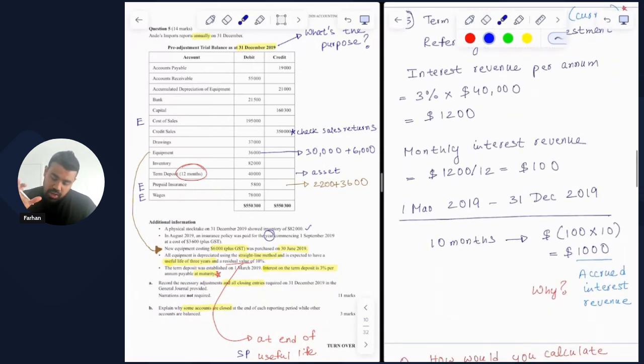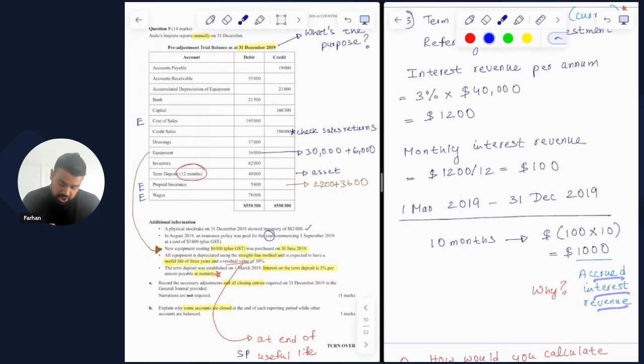So the 10 months that we have this term deposit in use in the current financial year ending 31 December 2019 would be from 1st of March all the way until 31st of December. So the total interest revenue in that 10 months would be $100 on a monthly basis multiplied by 10, and that is $1,000. So this is what we classify as an accrued interest revenue. Why do you think so?